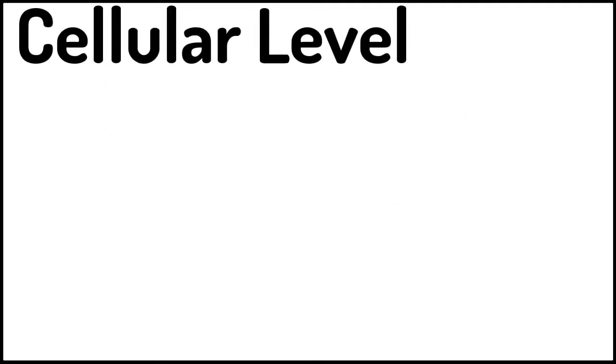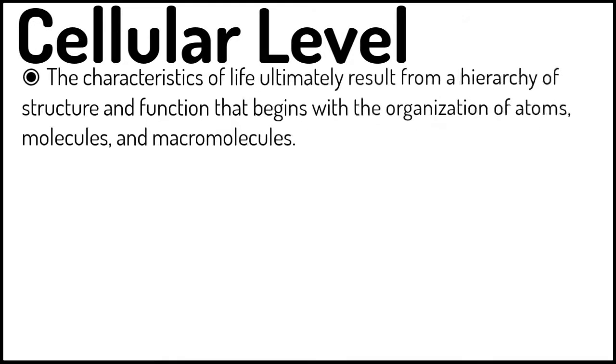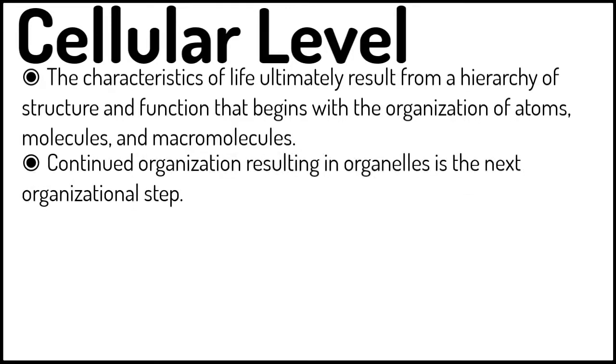Now we will head to the cellular level. The characteristics of life ultimately result from a hierarchy of structure and function that begins with the organization of atoms, molecules, and macromolecules. Continued organization resulting in organelles is the next organizational step.